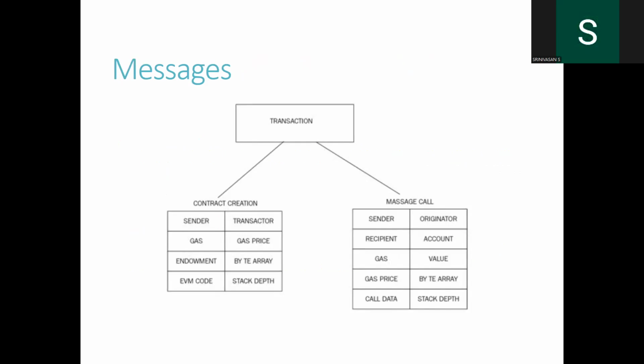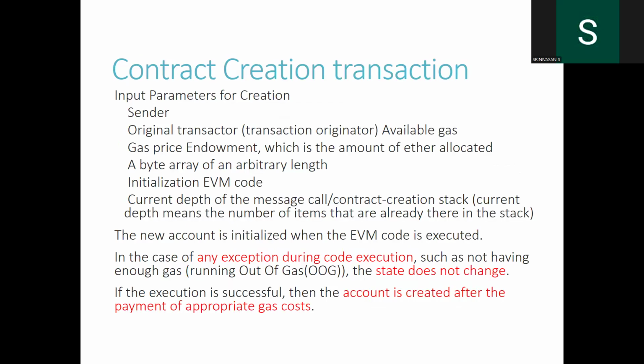This diagram shows the two types of transactional messages. One is the contract creation message and the other is the message call transaction. In these diagrams, we can see the important elements of those two transactions. The contract creation transaction has many parameters: sender, original transactor, available gas, gas price, endowment, which is the amount of Wei allocated, a byte array of arbitrary length as initialization code, and then the current depth of the message calls.